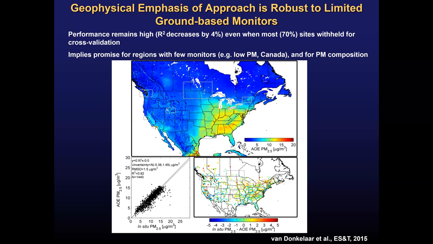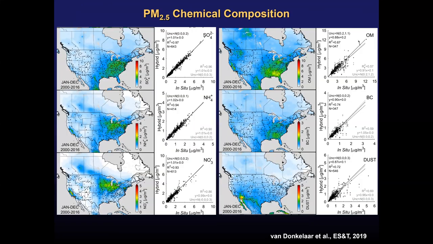Extension of this approach to chemical composition yields the results that are shown here. The performance is better on the left for the secondary inorganic aerosols that exhibit more smooth variation over space and time. And you're seeing, again, these smoothly varying fields that reflect their photochemical production within the atmosphere.